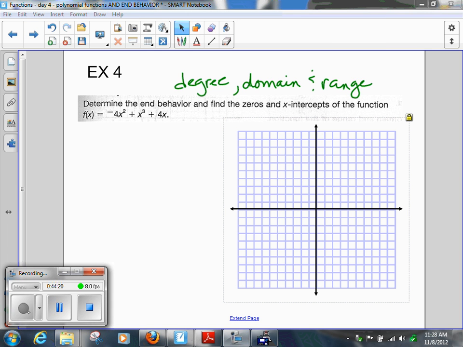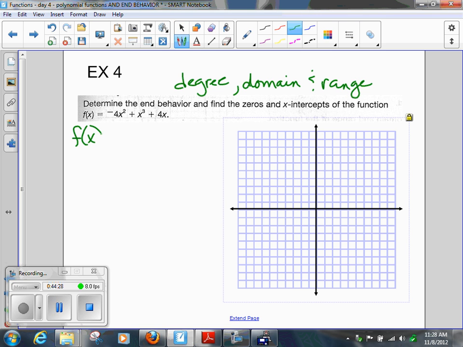Take the biggest exponent to find the degree. So what should we really do to this function? Rewrite it, and then put it in your calculator. What is the degree, by the way? 3, which is odd.